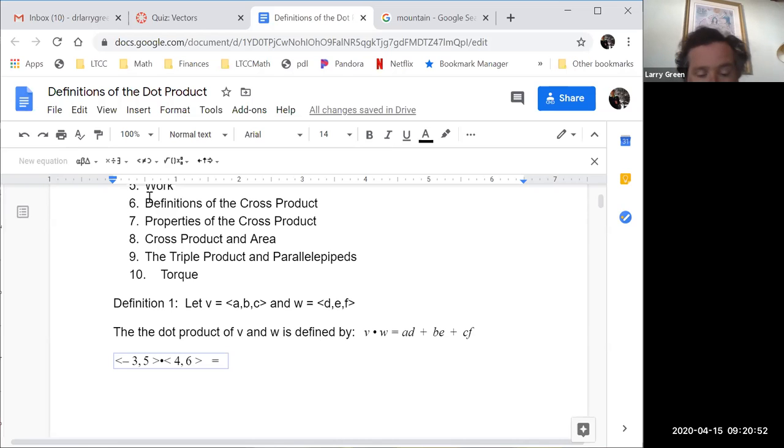Okay, so what we do is we take -3 and we multiply it by 4, and we add that to 5 times 6. Well, -3 times 4 is -12. -12 plus 5 times 6, 5 times 6 is 30, and you get 18.